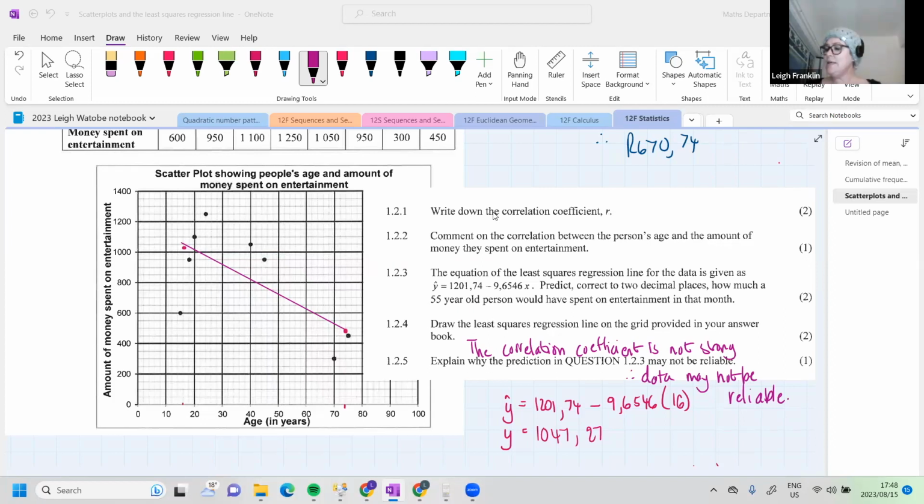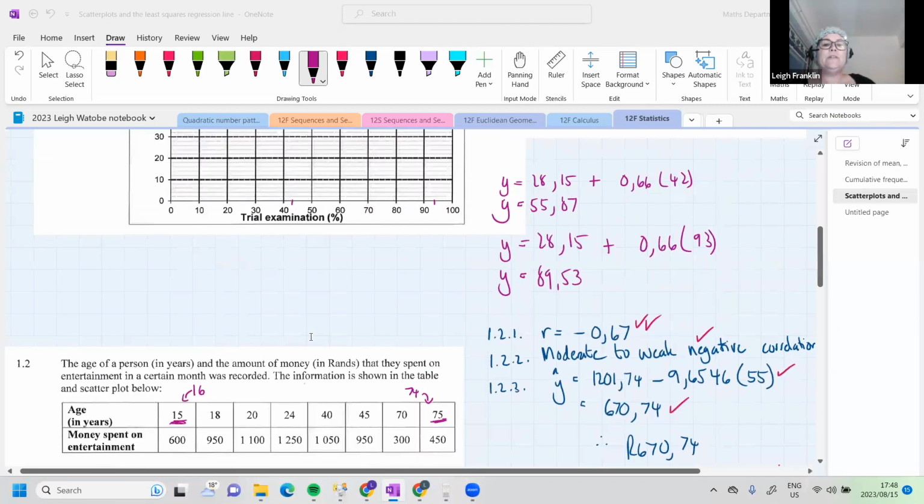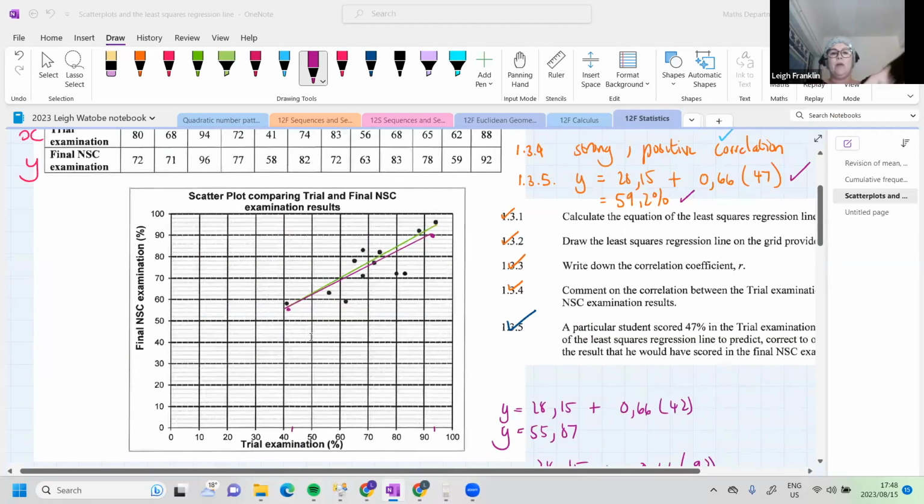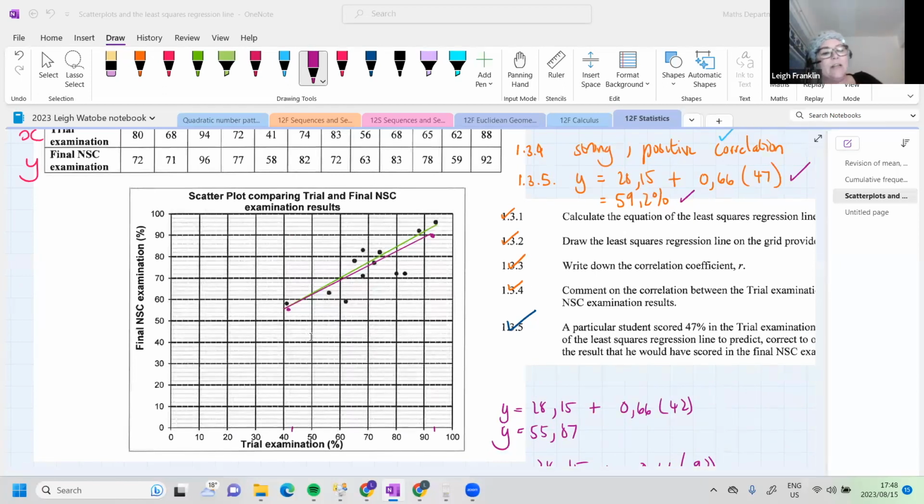If we look at the data here, we're talking about what you would get in your trials exam and what you would get in your final NSC exam. We expect these results to be closely related. In fact, whatever you get for your trials exam, you will generally get around 5% more for finals, so it's within 5%.